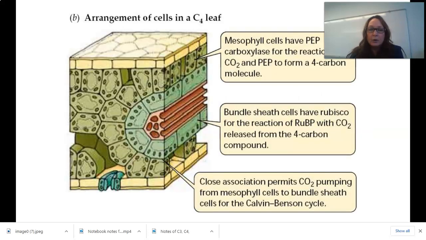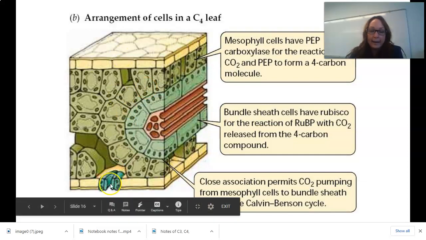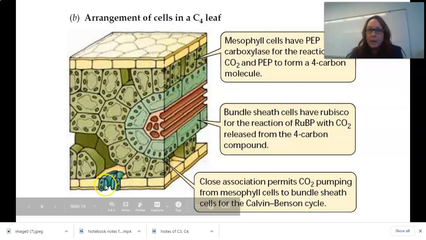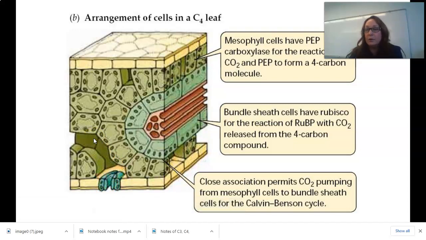So what does that look like? Well, the leaf is arranged differently. You do have the same epidermal layers, stomata at the bottom, they're open, but you've not got the spongy mesophyll. You don't have places where that air just moves all throughout that tissue in the leaf.